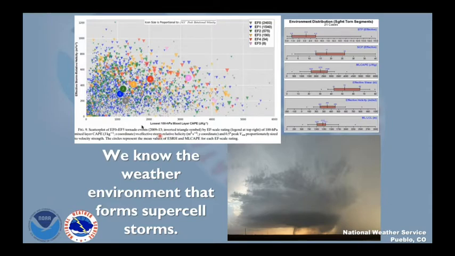This little graph right here shows the climatology of the environment compared to the type of storm that's produced. So for example, going up from one, this is the EF scale, EF1 to 2 to 3 to 4 to 5. Generally, what you need for a weak tornado is decent CAPE. So this is 1,000 joules per kilogram of CAPE, and then marginal effective storm relative helicity. That's a proxy of how much wind shear is in the air. So lower wind shear, lower CAPE, potential for a weak tornado.